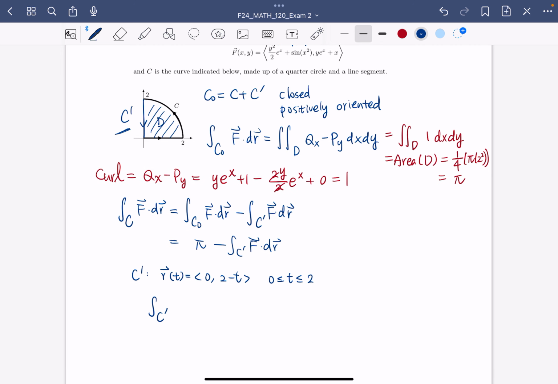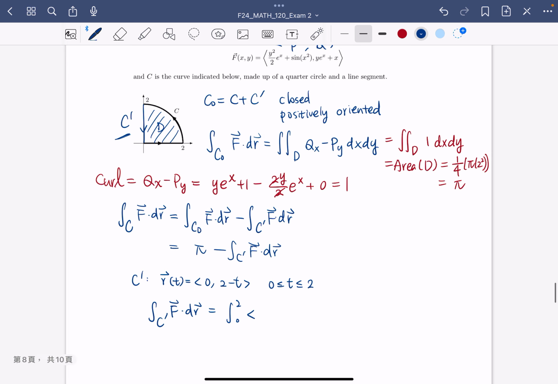Okay, then the integral over C prime of f dr equals, where t goes from 0 to 2, and we plug in that f for this t. So f is right here.